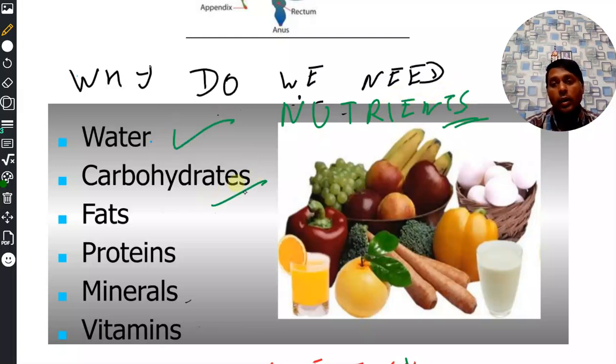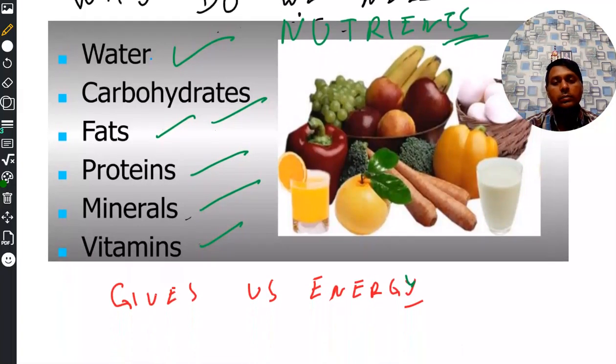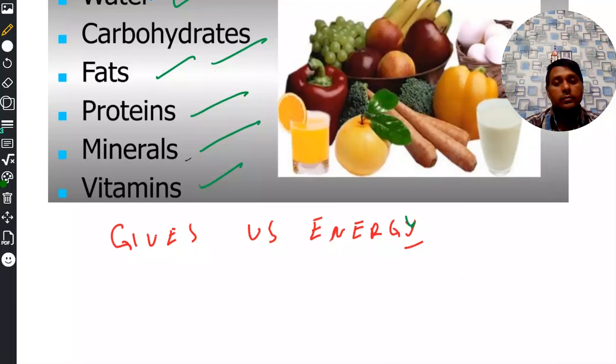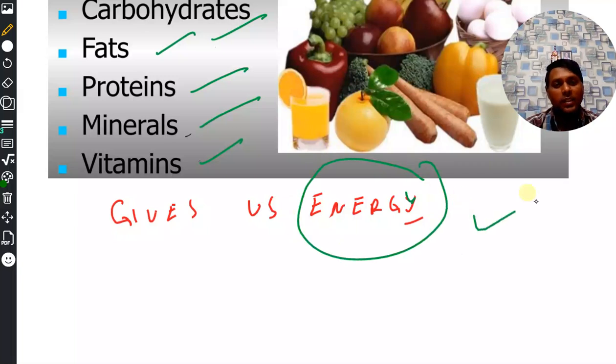There are water, carbohydrates, fats, protein, minerals, vitamins. These are the nutrients. Why do we eat these nutrients? Do you know it? The basic answer is, of course, it gives us energy.